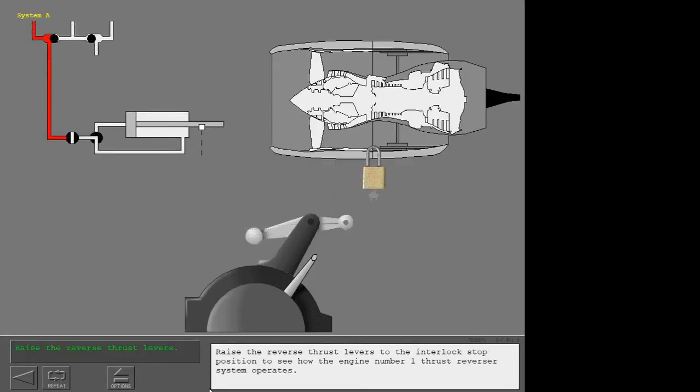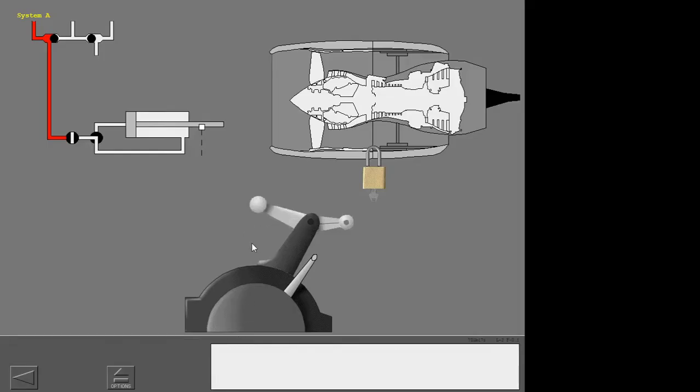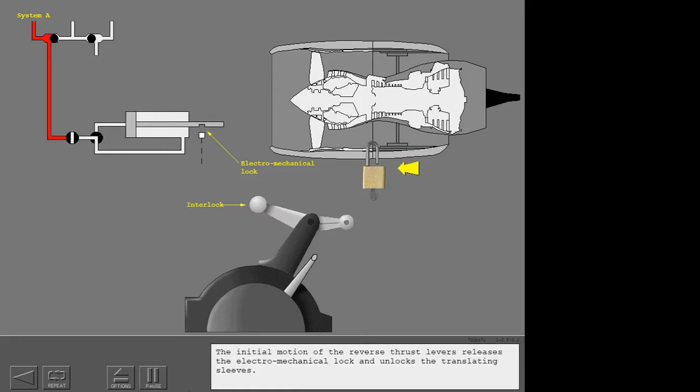Raise the reverse thrust levers to the interlock stop position to see how the engine number 1 thrust reverser system operates. The initial motion of the reverse thrust levers releases the electromechanical lock and unlocks the translating sleeves.